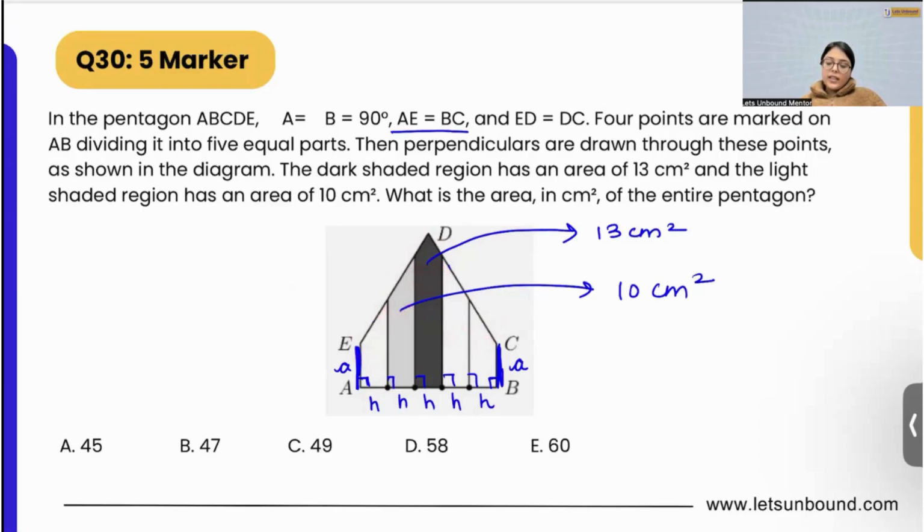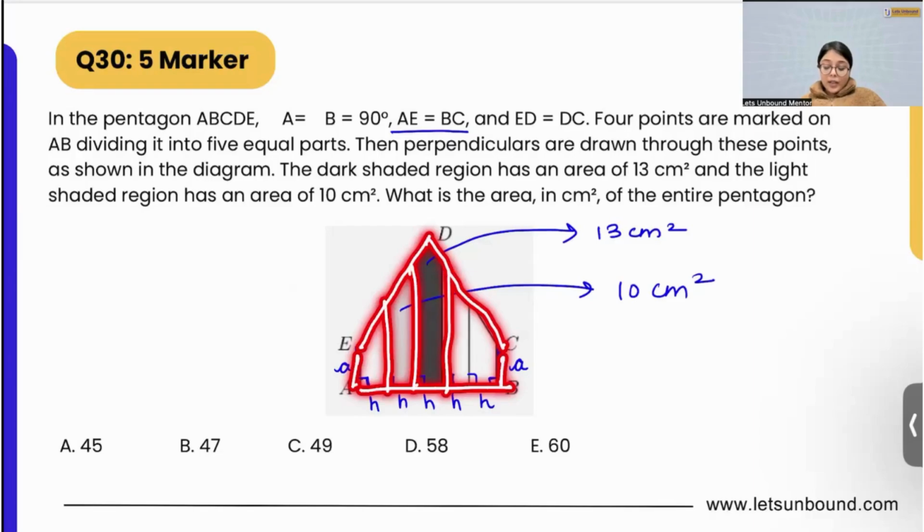One thing is clear, it looks symmetrical, right? Also, they have given us information that these two sides are the same. Then they have said these two sides are the same. And then this is divided into equal parts with perpendiculars drawn.